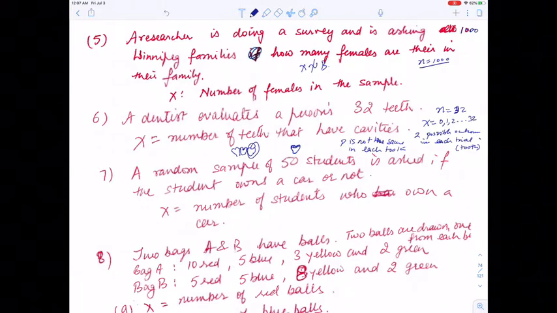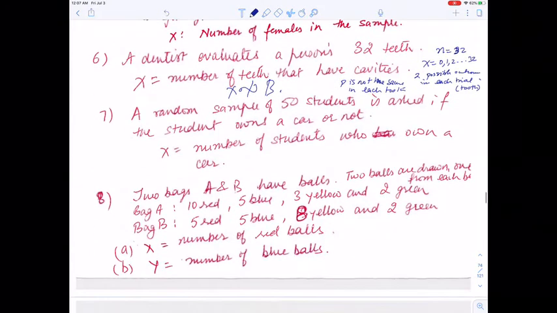So the probability of success is not the same, and these teeth are not independent with respect to cavities. So X will not follow binomial distribution. Take a moment and read the next one. Pause the video, read the next one, and try to attempt it yourself.